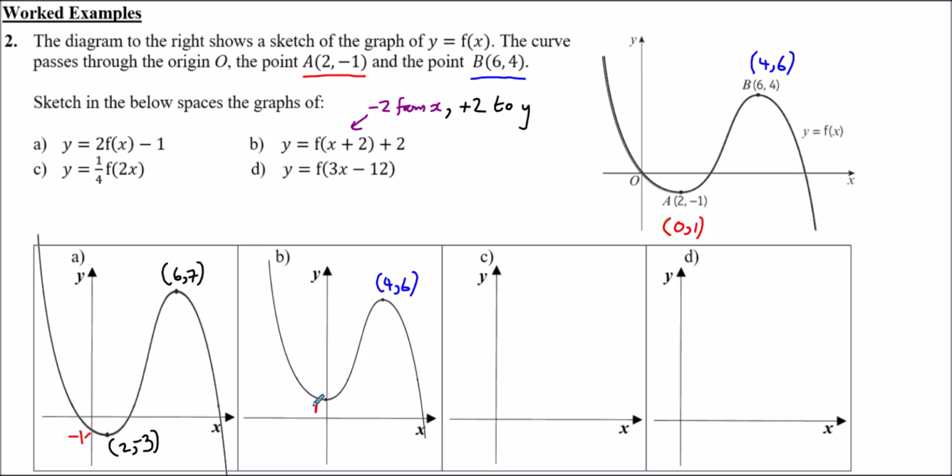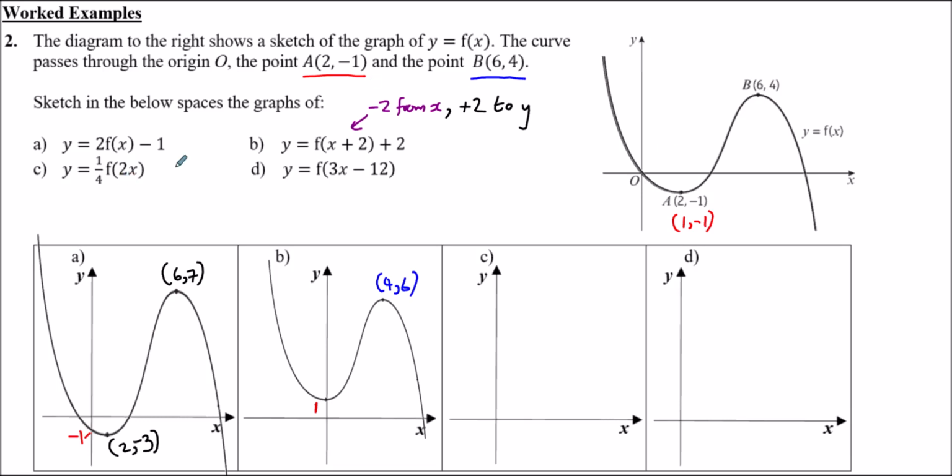Part C, y is a quarter f of 2x. So for this one, if I just clear away this, and then we can consider what we need for the new A and the new B. What we're going to do first is the 2x. So that 2 means we're going to divide the x values by 2. So A will become 1, minus 1 for the meantime.